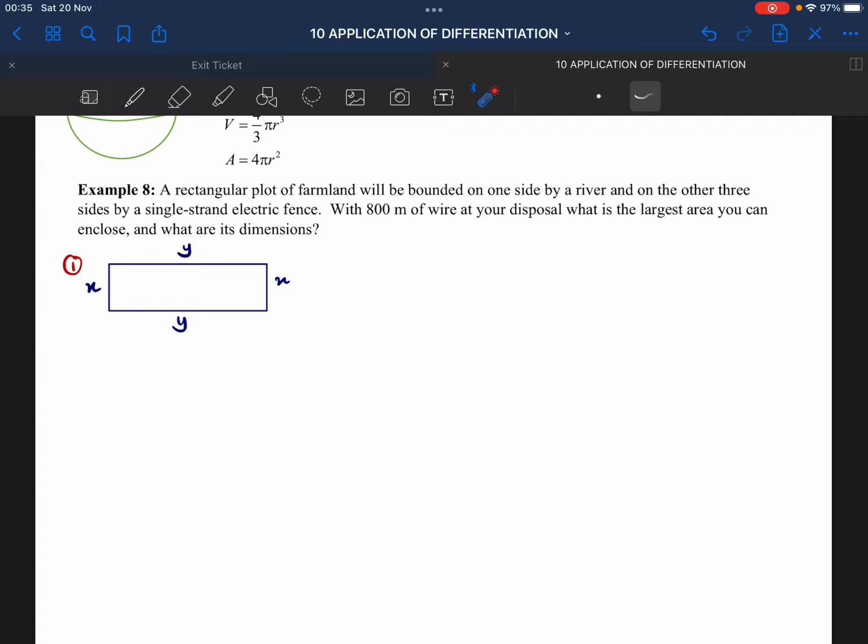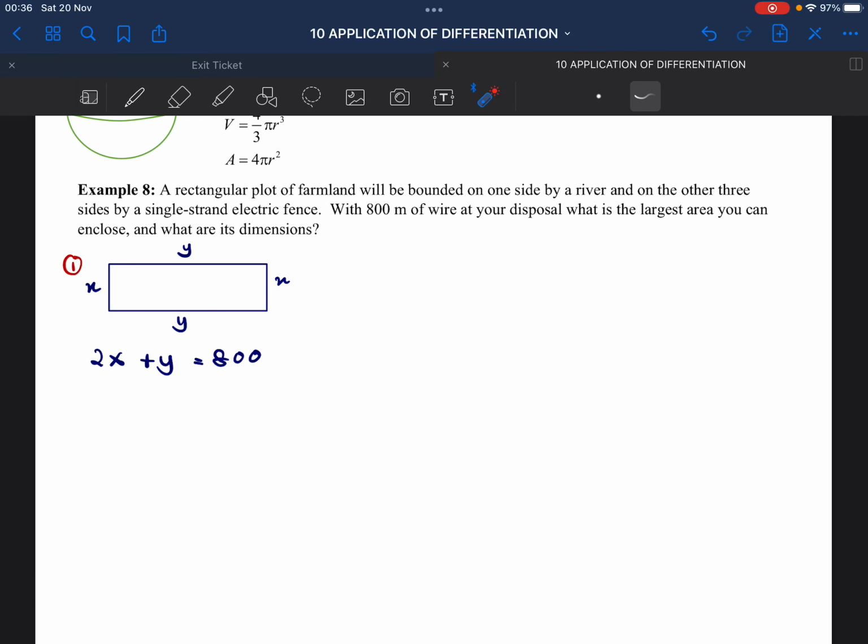The question said 3 sides by a single strand. Let's say we choose this side, that means this side will be 800. So for the perimeter we will have 2x plus y equals 800. So that is your first step. Draw the shape and then write the equation.